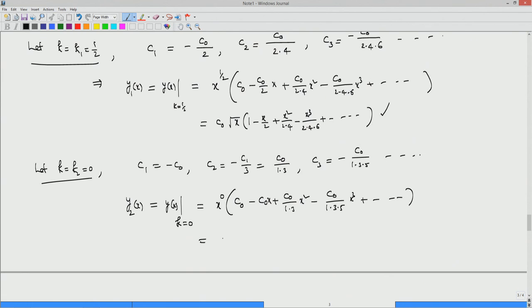Again here x power 0 is 1, C0 is common, you have 1 minus x plus x square by 1·3 minus x cube by 1·3·5 and so on. So, this is your second solution.